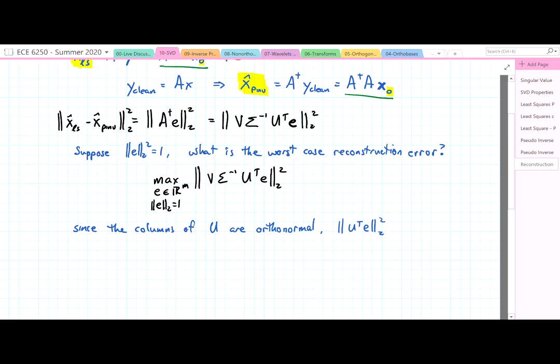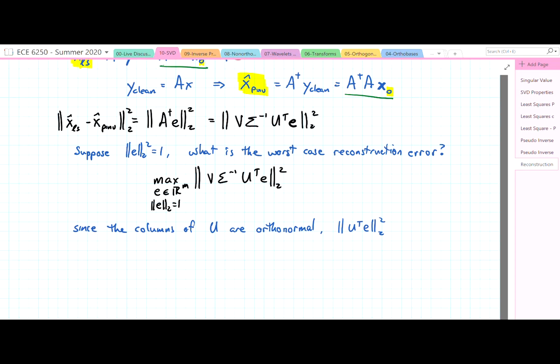We should pause for a second and ask what we do know. Well, if U was actually square and it had orthonormal columns, then it would span the entire space R m in which E lives. And all we would do is take E and rotate it within this space, but without stretching it in any way. It has the same norm. And that's easy enough to see.